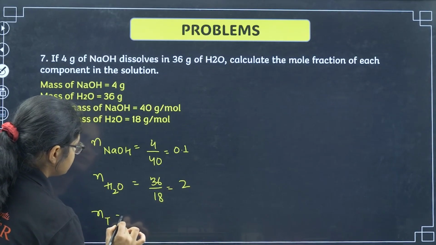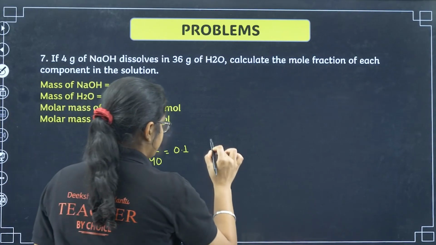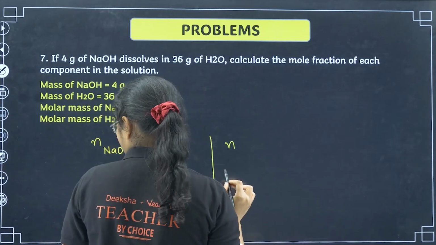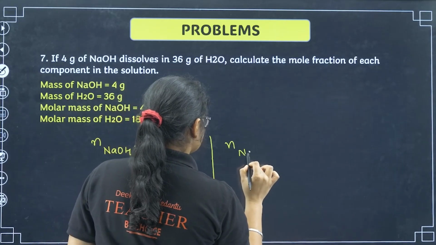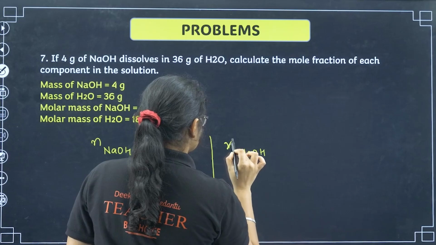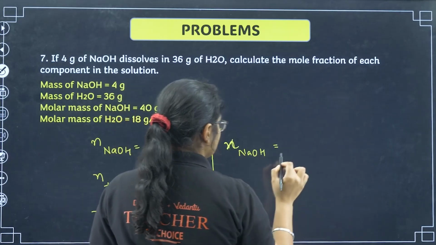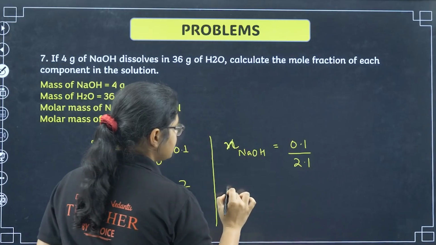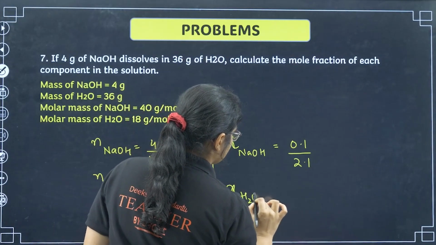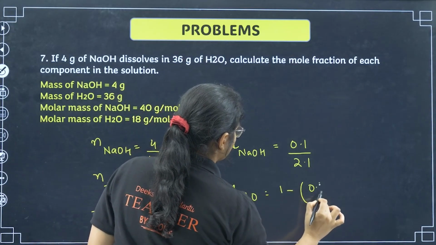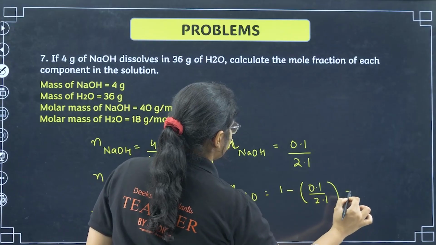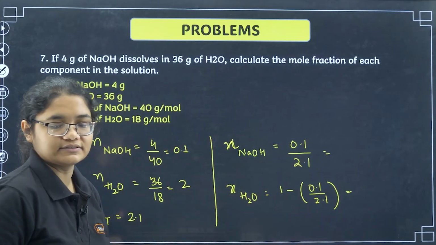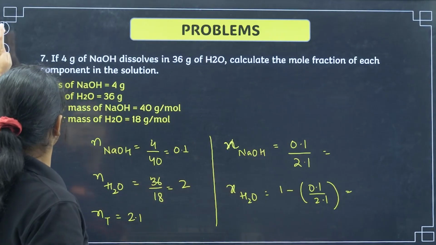Total number of moles is 2.1. Next, mole fraction of NaOH is equal to 0.1 by 2.1. Once you solve this, mole fraction of water will be equal to 1 minus that value. Okay, so just calculate this. I have just shown the answer. Just calculate it again and put the answer.